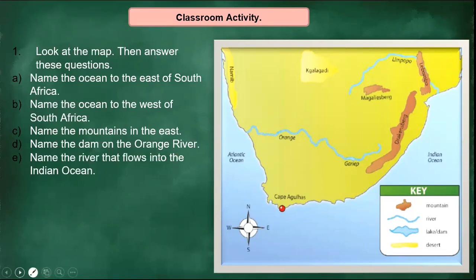Name the river that flows into the Indian Ocean. There is a river that flows to the Indian Ocean on this physical map. I want you to tell me that river. Okay, let me look. Kingsley.